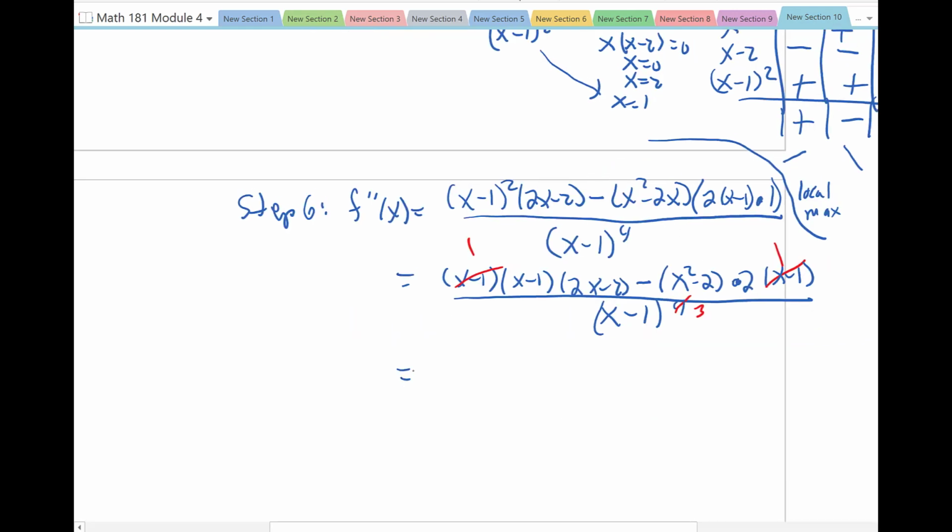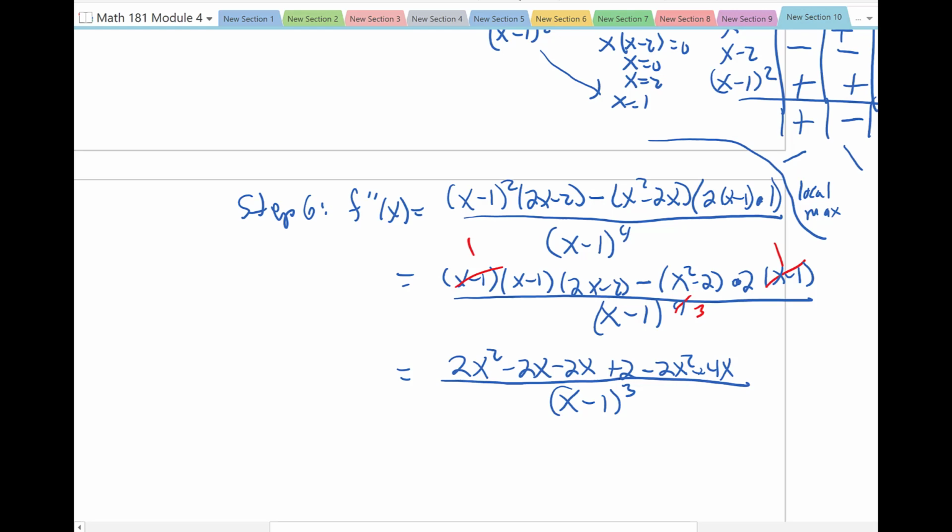And what do I have next? Okay, if I multiply through, I'm going to end up with a 2x squared minus 2x minus 2x plus 2 minus 2x squared plus 4x all over x minus 1 cubed.